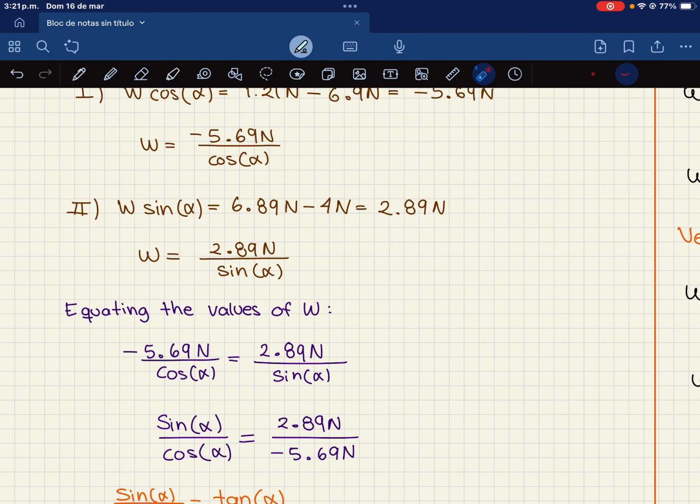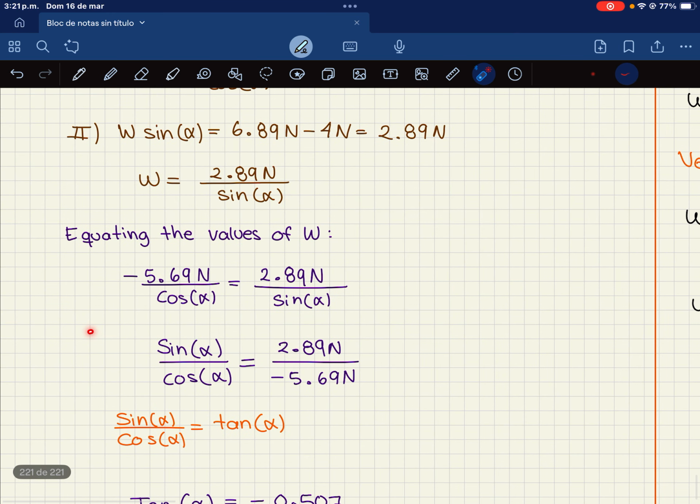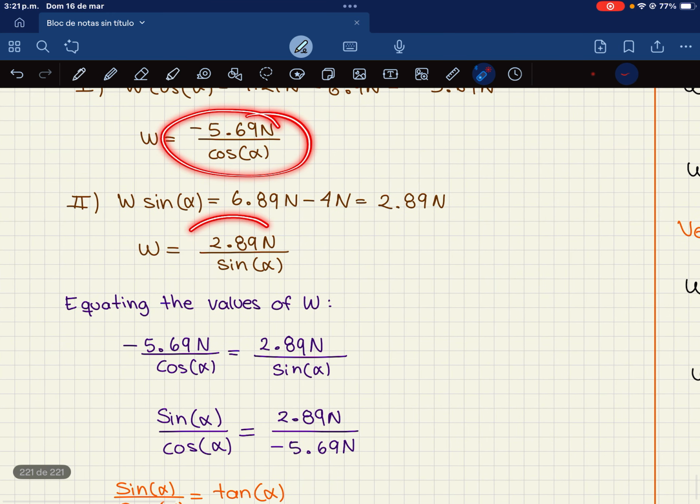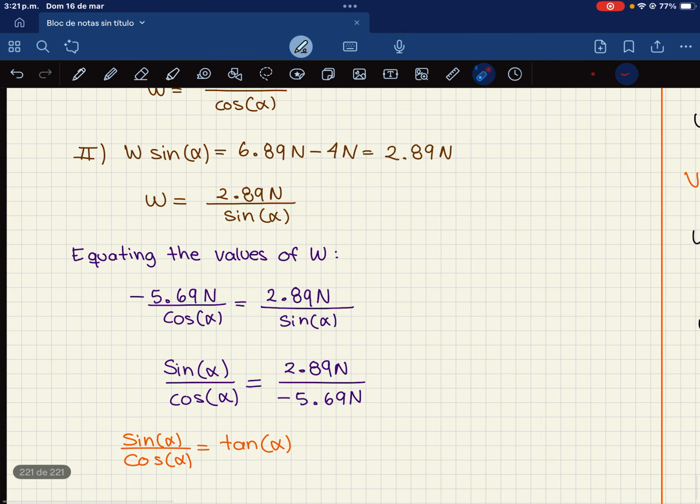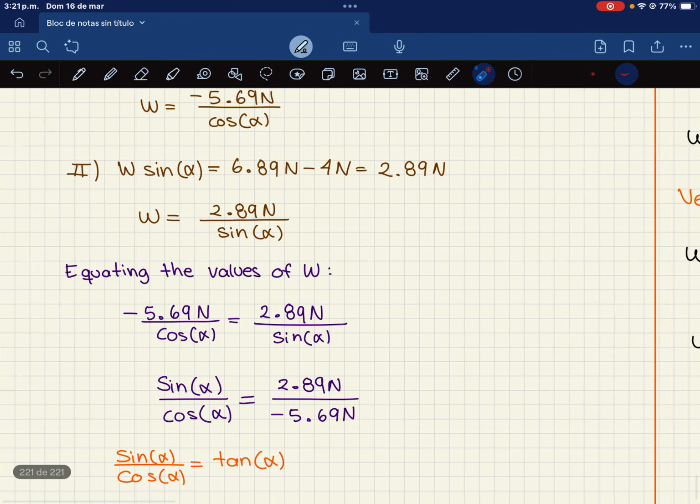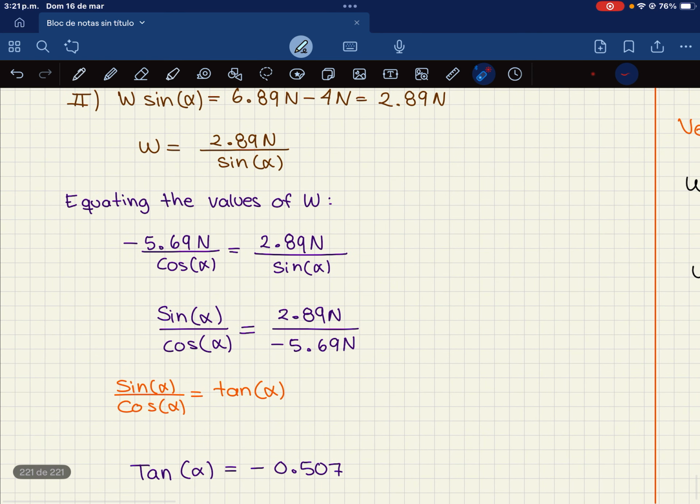Well, equating the values of W, this one with this one, we have this. And now the sine of alpha moves to multiply the other side of the equation, and minus 5.69 newtons moves to divide the other side.